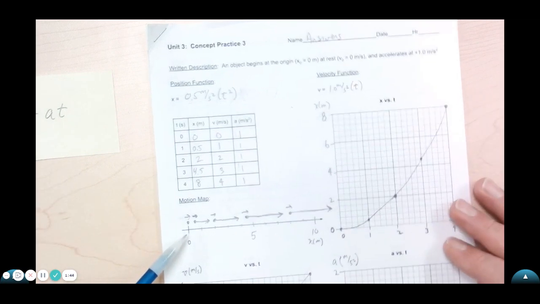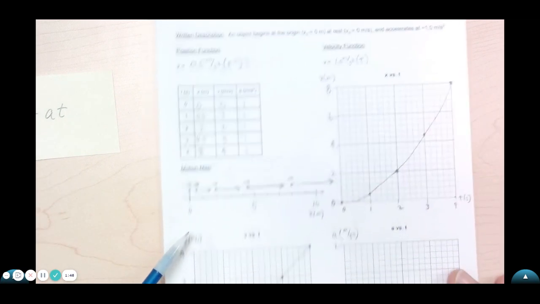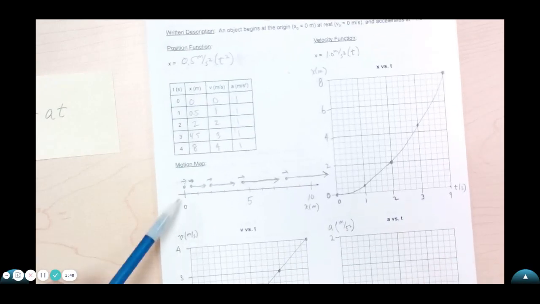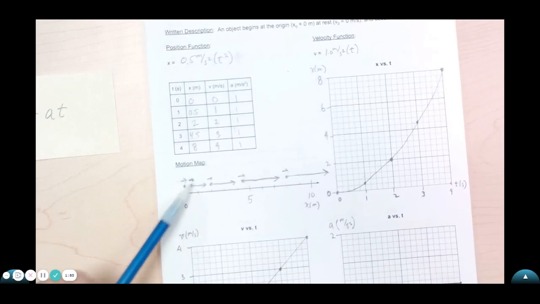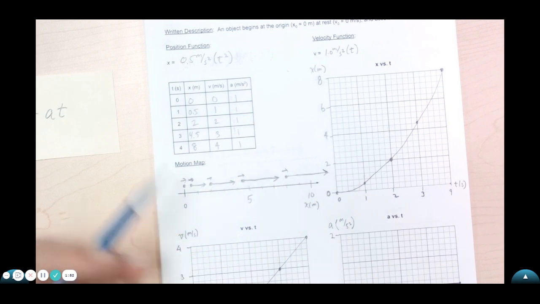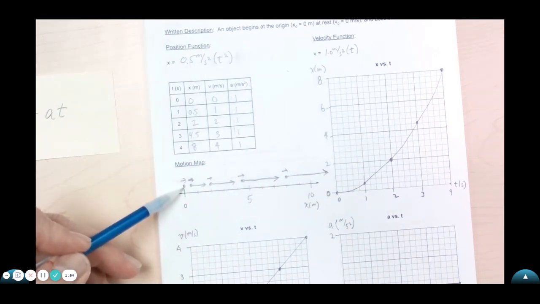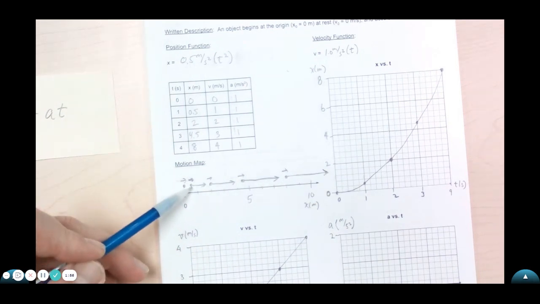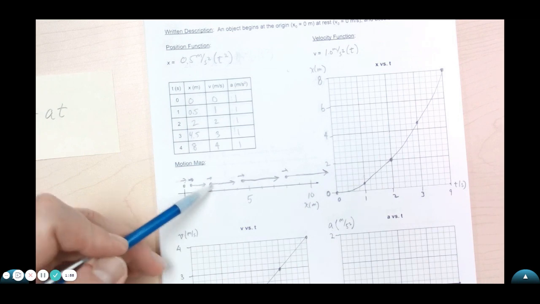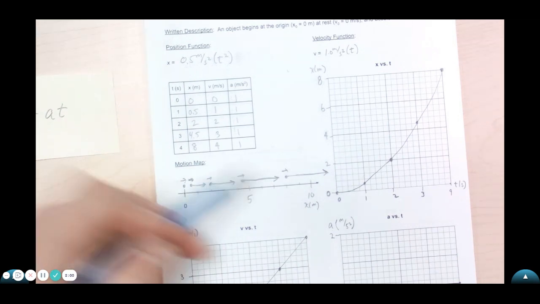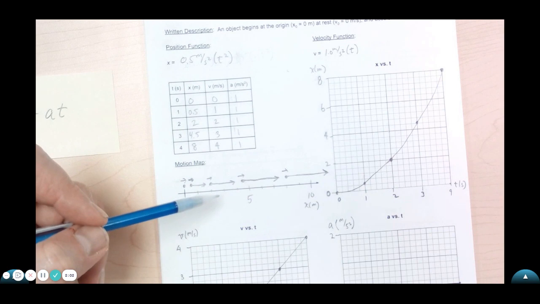Down here, motion map. Here's where you're going to see a new thing. The positions are indicated by these dots. Remember, position indicates where an object is. You're used to drawing these vectors to indicate the direction of motion. In other words, what way is the velocity pointing?